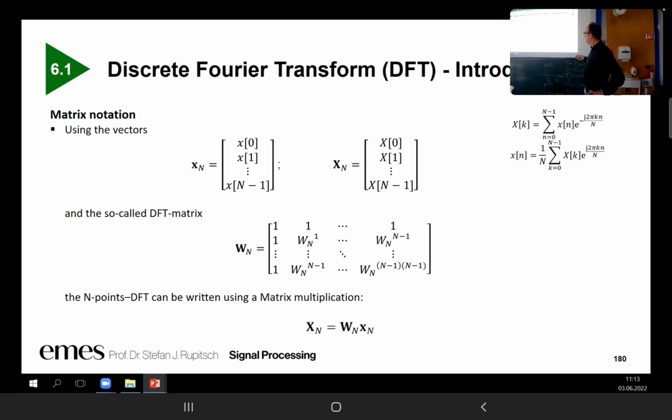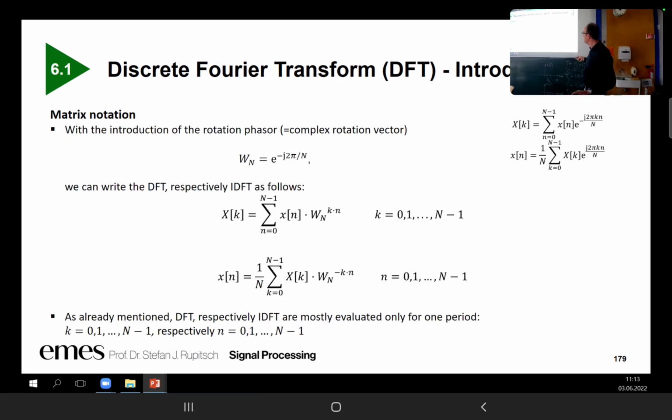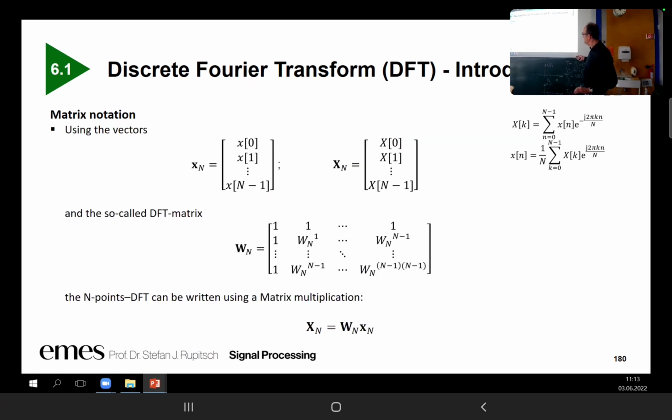And we can also put our rotation phasors in a matrix, and then we can write down the DFT as a simple matrix multiplication. If you think about an implementation in a computer system, the multiplication of a vector with a matrix is always fun. That's the reason why we introduce these phasors, because then we can write it down as a matrix multiplication.